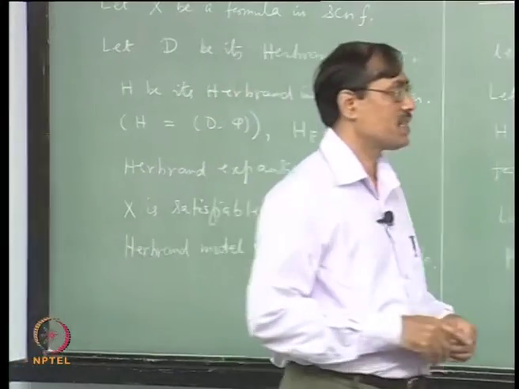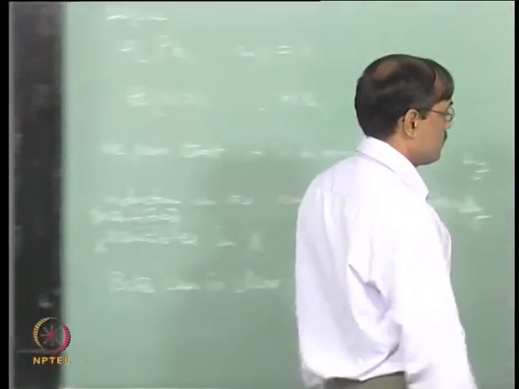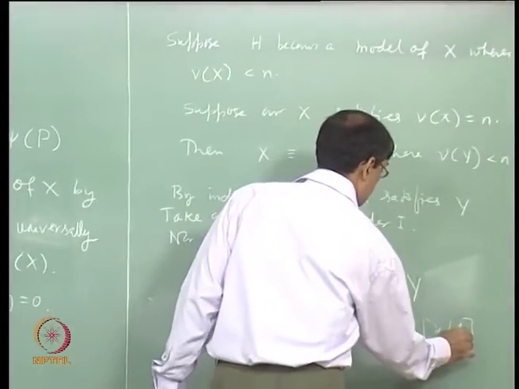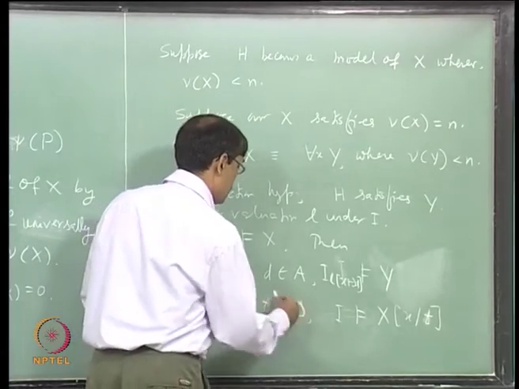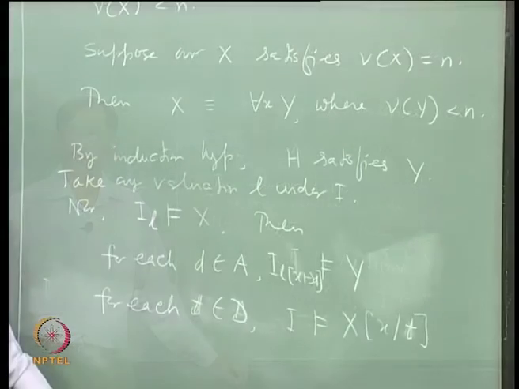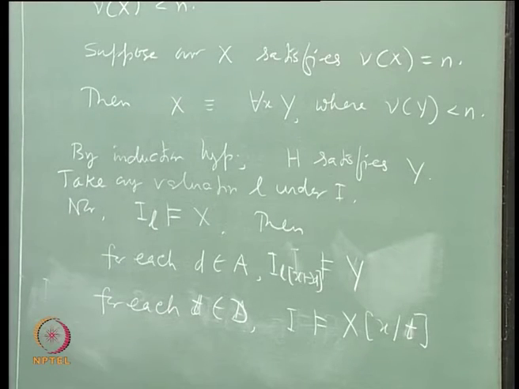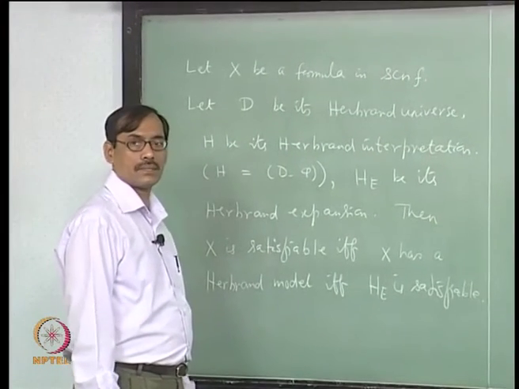You may say some term T. Now you can say T belongs to D. Now it is formal, right. So once this happens, that means H satisfies X. Okay. So this was the crucial thing in that theorem. All others will be easier after this. Clear?